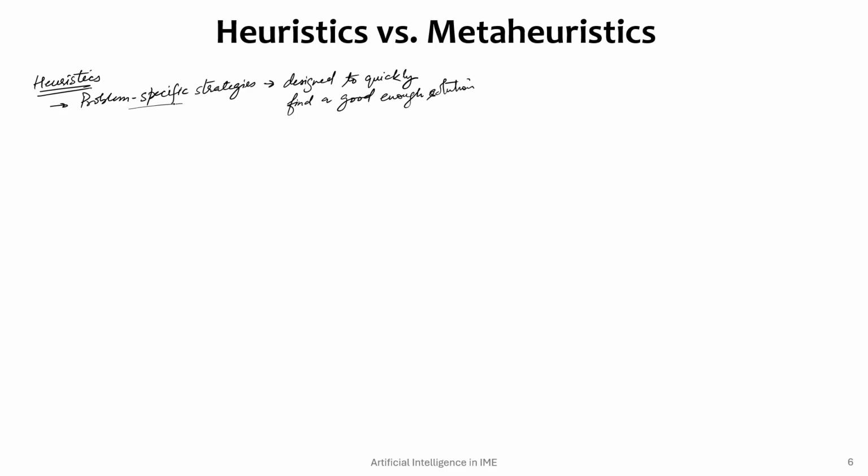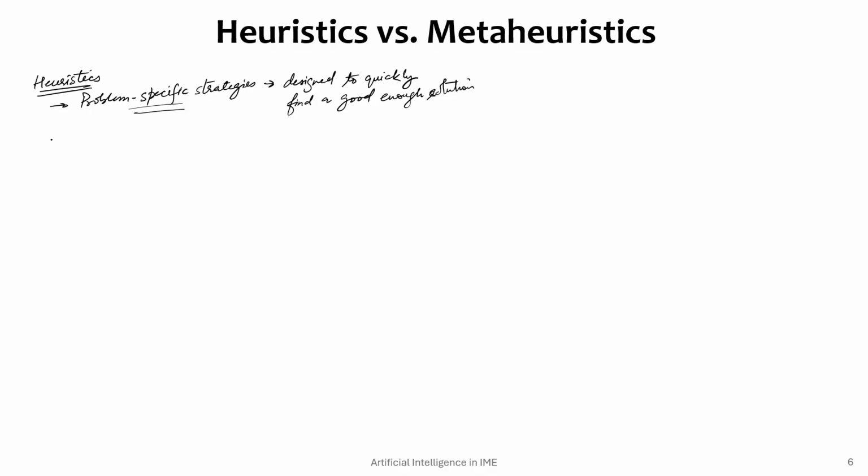Since these are problem specific strategies, they will give you a good enough solution, but maybe the best solution that is possible in a problem formulation is not yet available for you, or you may need to extend the same strategy to keep on finding that best solution. But to find a good enough solution easily and in lesser time, you can utilize heuristics, right.